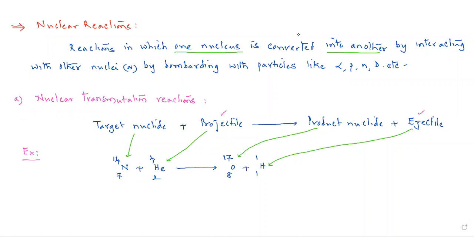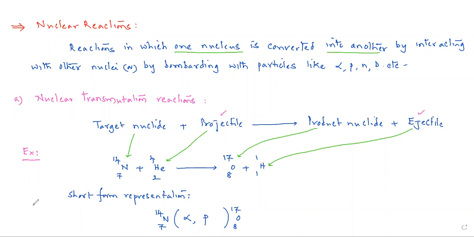This can be represented in shorthand form as, see, the target nuclide is written on the left hand side of the bracket and the product nuclide is written on the right hand side of the bracket, with the symbols of, remember, the symbols of projectile and ejectile written within the brackets.